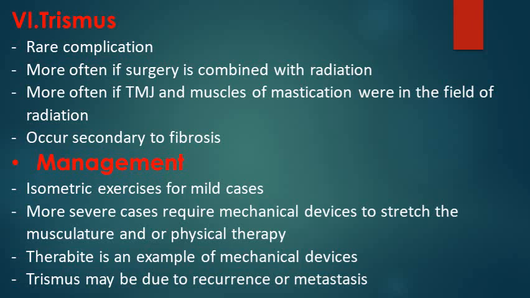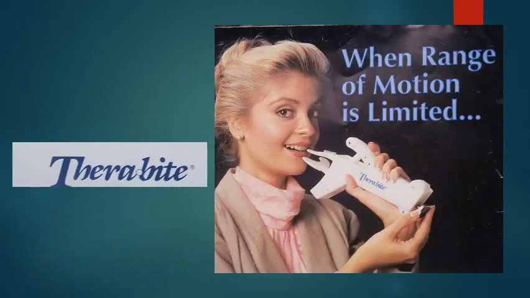More severe cases require mechanical devices to stretch the musculature, such as the cerabite. Trismus may be due to recurrence or metastasis. Notice, you always have to inspect the patient for any metastasis. This figure shows a cerabite, which is a very successful appliance for increasing the range of motion.